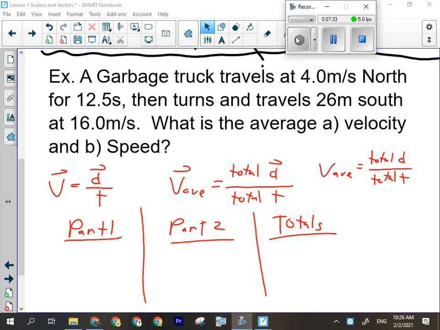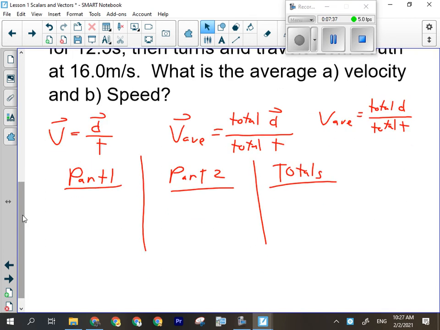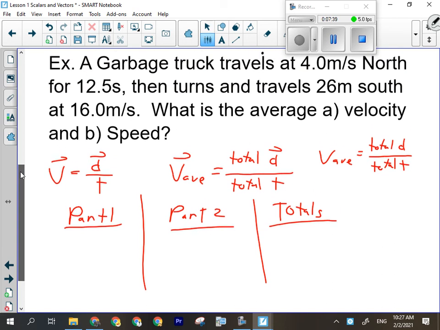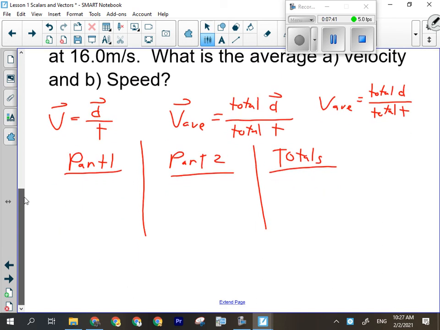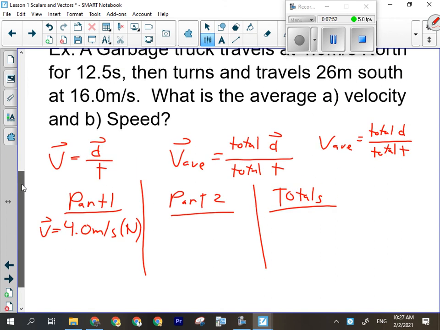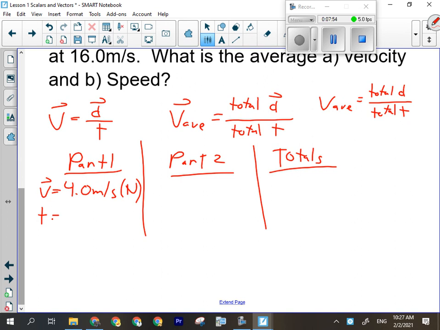So the first thing we want to do is write down our givens, what the question tells us about this trip. The first part says that it travels at 4 meters per second north. So I know the velocity is 4.0 meters per second north, and it does that for 12.5 seconds.